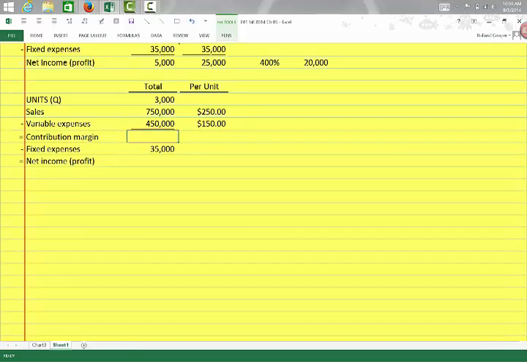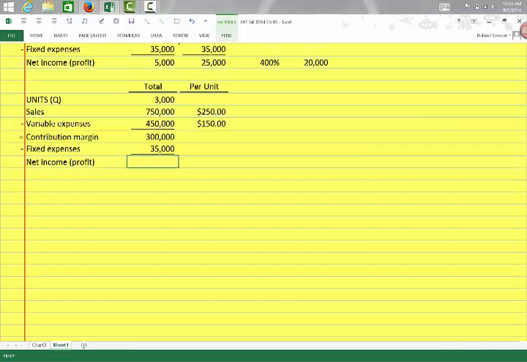So contribution margin is sales minus variable expenses. 300,000 minus fixed expenses of 35,000 gives us net income of $265,000.